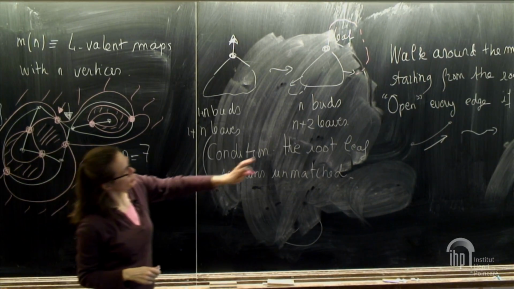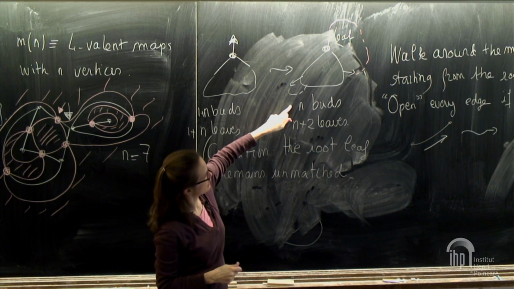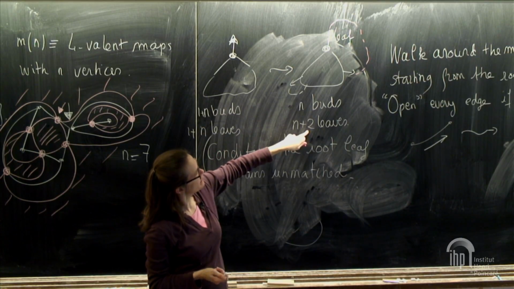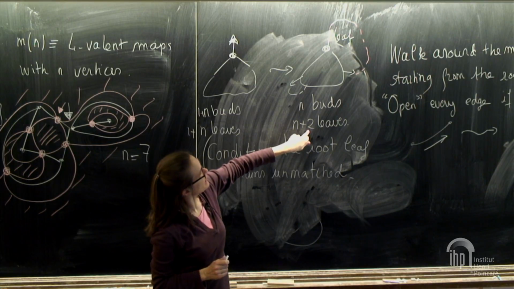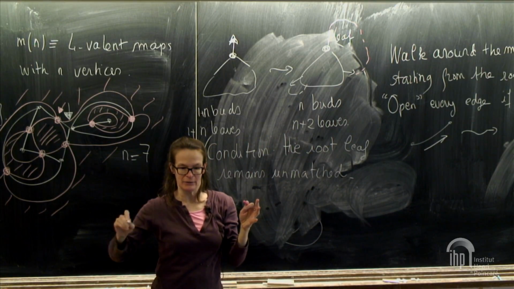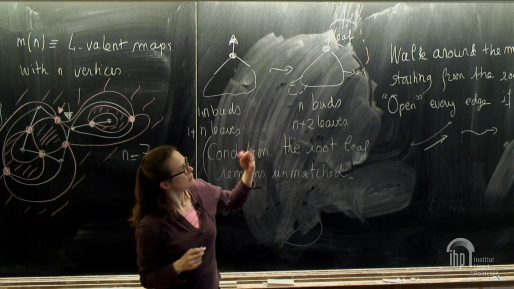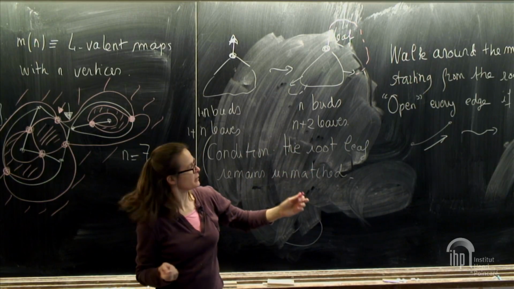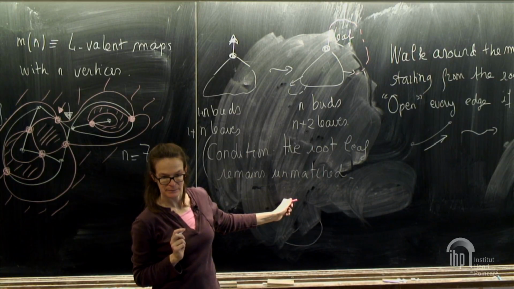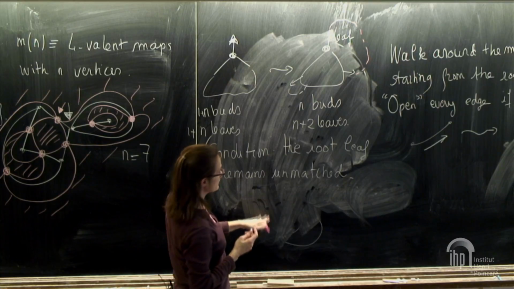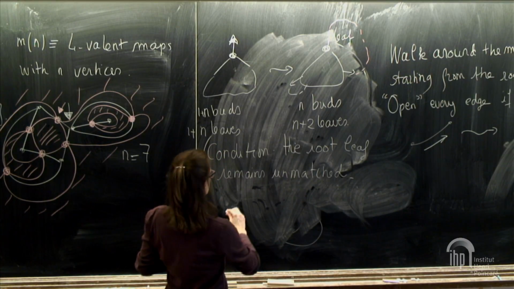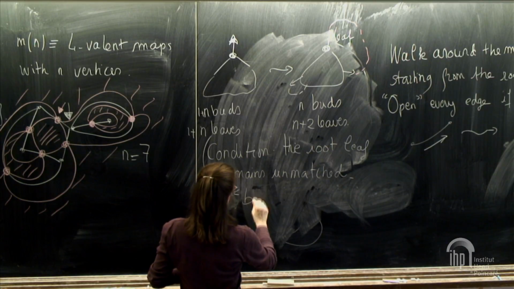So you have now a tree with n buds, that is exactly 1 at every vertex, n plus 2 leaves, and including the root leaf. You do your matching procedure, bud leaf, and 2 leaves remain single, and you want the root leaf to be one of them. And such trees, the ones that are in bijection using this construction, are called balanced trees.